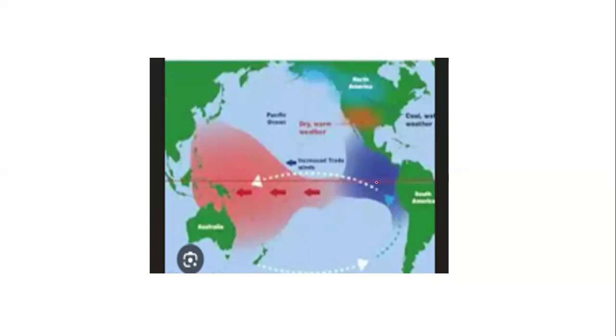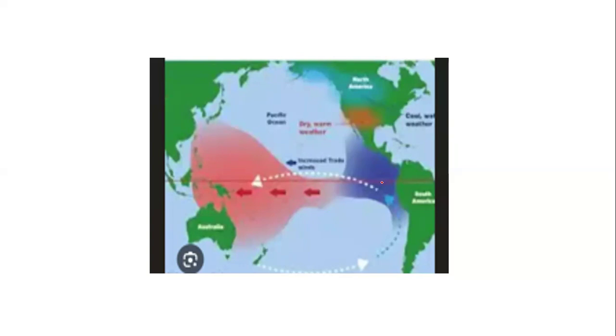Here, the surface temperature of the seawater in the eastern equatorial Pacific is low. Low temperature gives rise to high pressure. Remember, temperature and atmospheric pressure are inversely related.